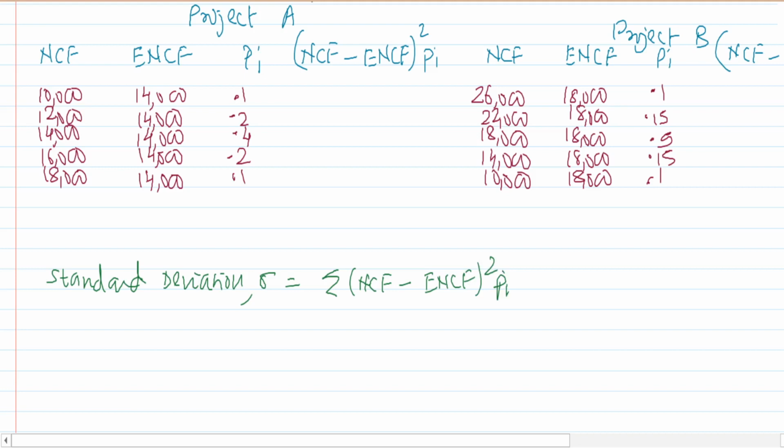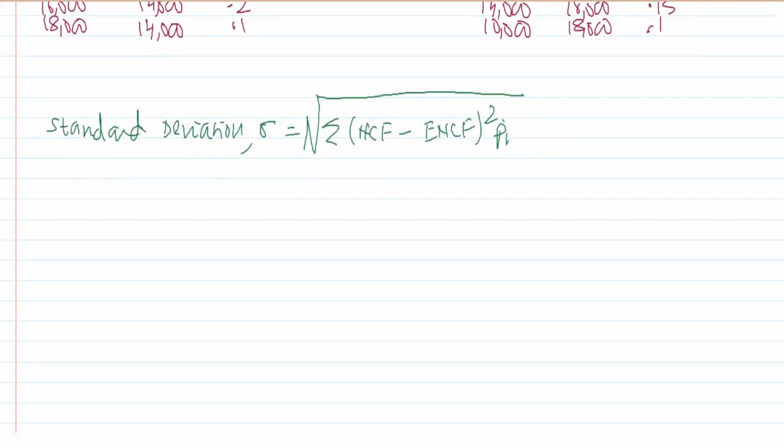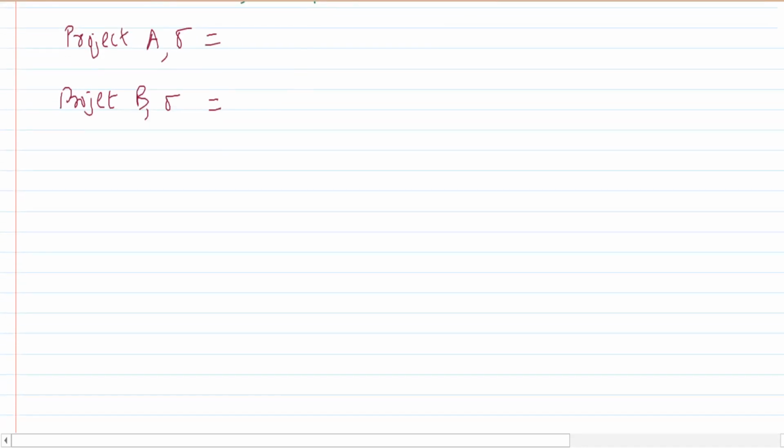We should take its square root. So below that we say project A standard deviation equals, project B standard deviation equals, right? We are just preparing the formats for everything. And then they wish that we work out the coefficient of variation, isn't it?